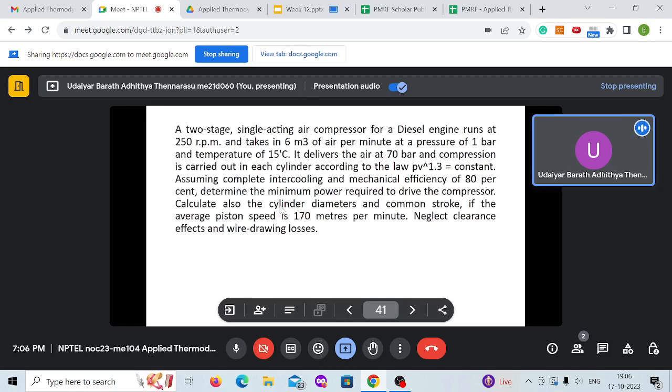Assuming complete intercooling and mechanical efficiency of 80%, determine the minimum power required to drive the compressor. Calculate also the cylinder diameter and common stroke if the average piston speed is 170 meters per minute.